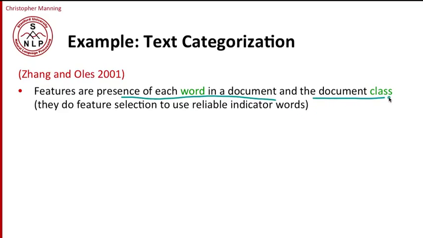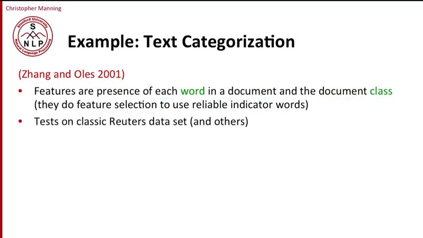They actually don't use every word that occurs in the document, and so a common refinement is to do a process of feature selection where you pick out a particular subset of words that are deemed to be reliable indicators. You might be dropping very rare words or also dropping extremely common words that are viewed to be semantically empty.